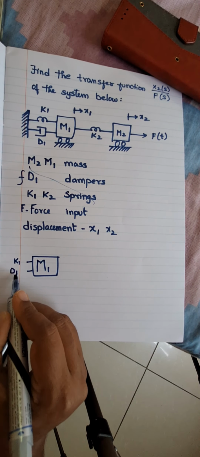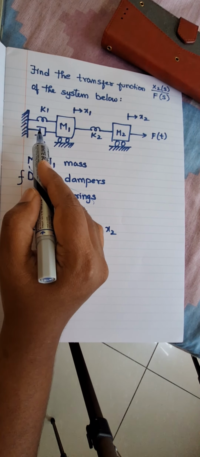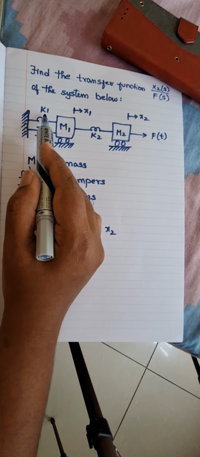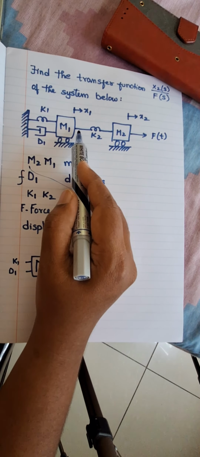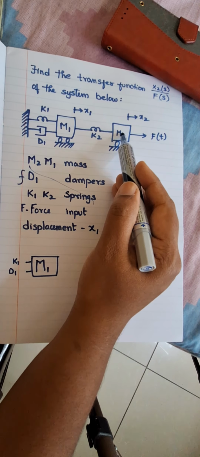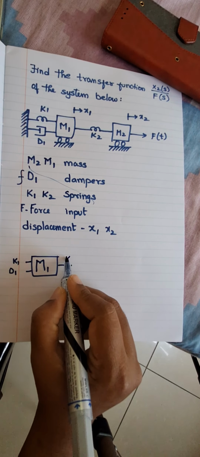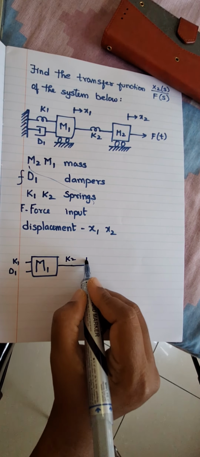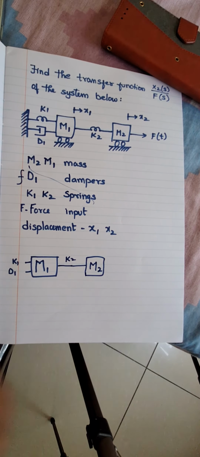D1 is also connected to this body, so this mass has the D1 dress, K1 ornament and K2 ornament also. But K2 is also connected to human being 2, so that's why I am writing it here. K2 is connected to the second person also.